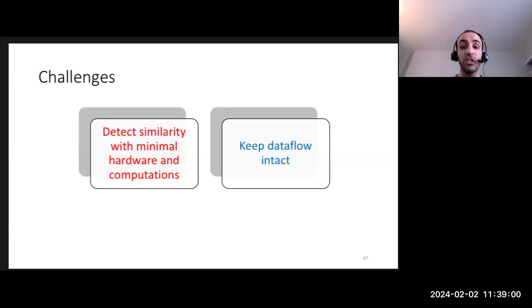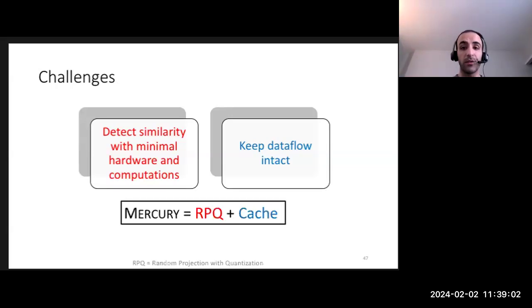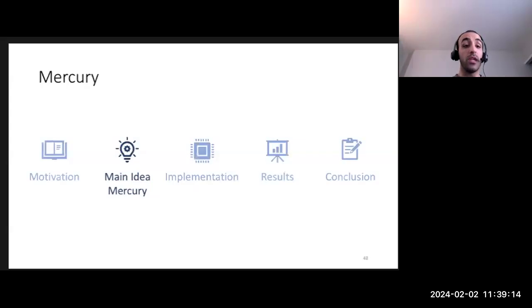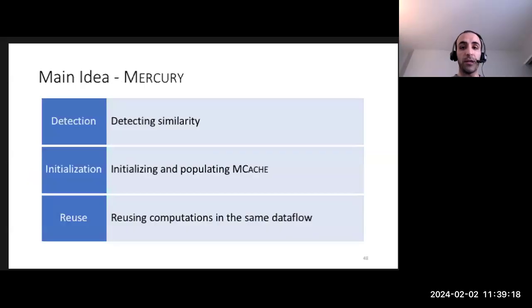To solve these challenges, we propose Mercury, which combines random projection with quantization technique with a specific cache-based structure to exploit input similarity and save their computations. So now let's see the details of the main idea of Mercury. This is the overview of the Mercury technique.